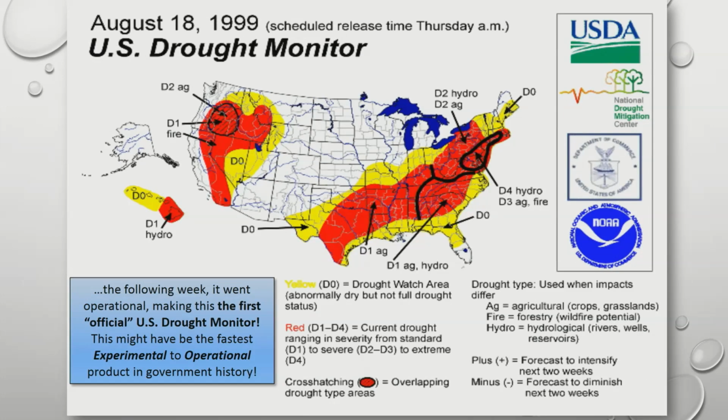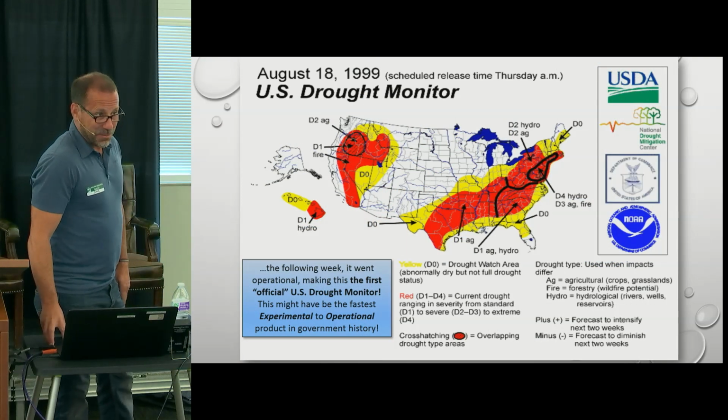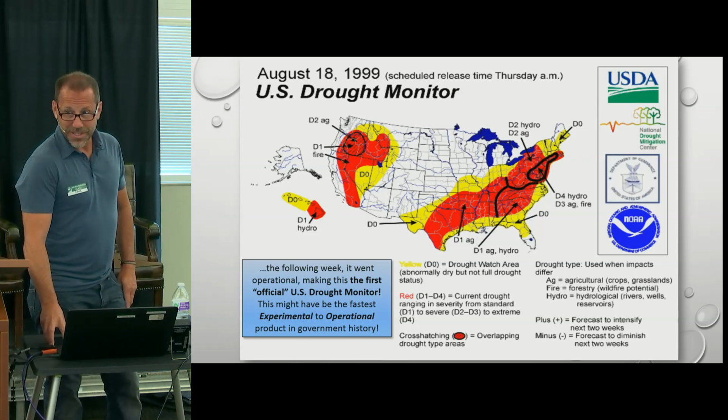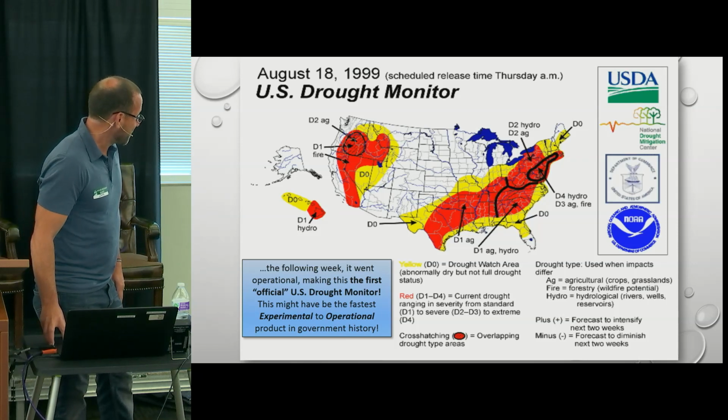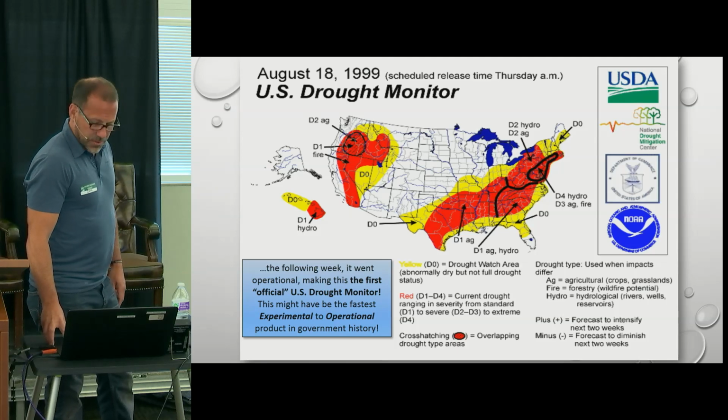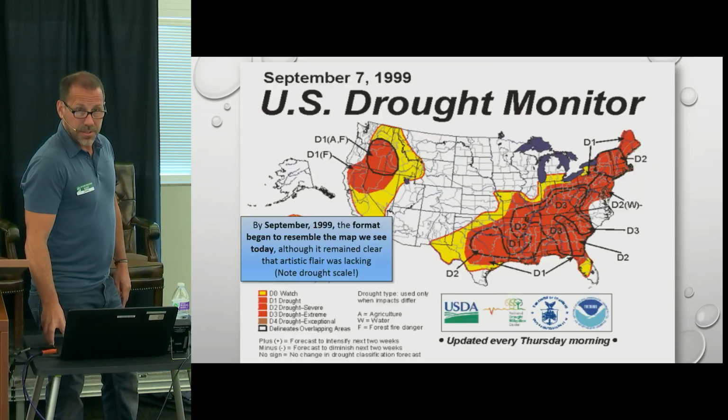And that went operational, and we kind of joke that that was one of the fastest experimental to operational products that ever occurred in the government. It took place in 1 week, which is pretty amazing. And you can see the map looks a bit different than it does now. It went through a number of iterations within the first couple of months.